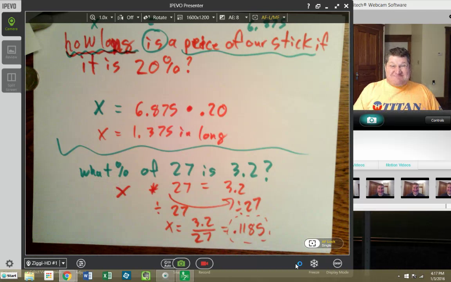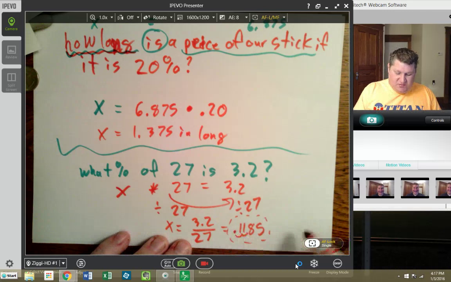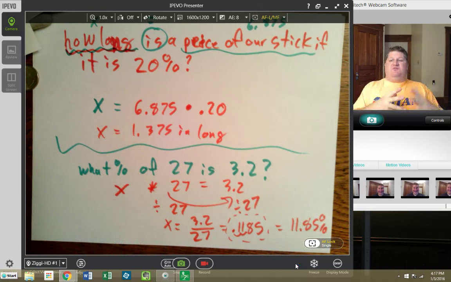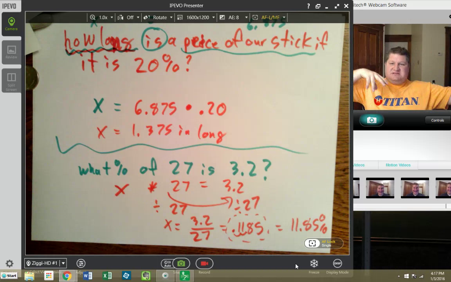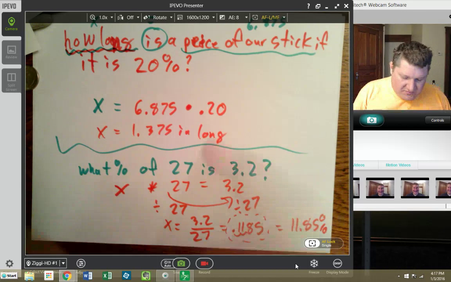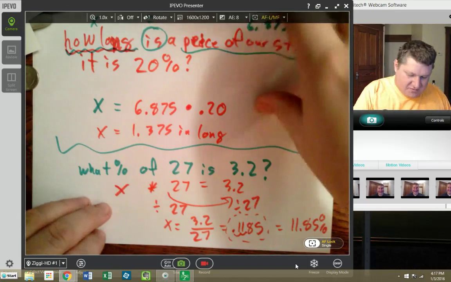The answer is no. We're going to need to change it, so we move it 2 places, and it's 11.85%. So we can turn it around. We can say what percent is, what is a certain percent of what is this, and we can move them all around. Let's do one more example.